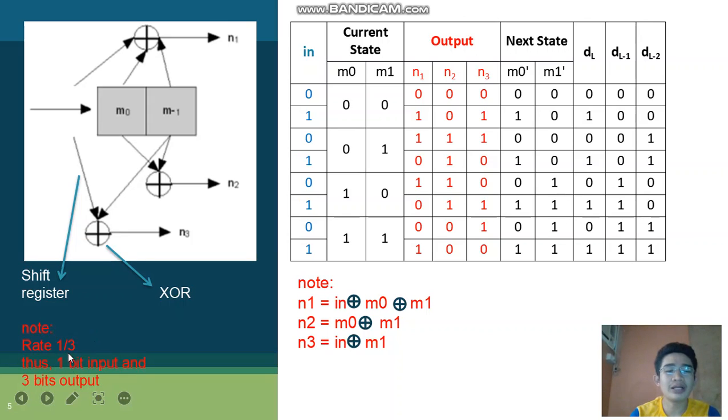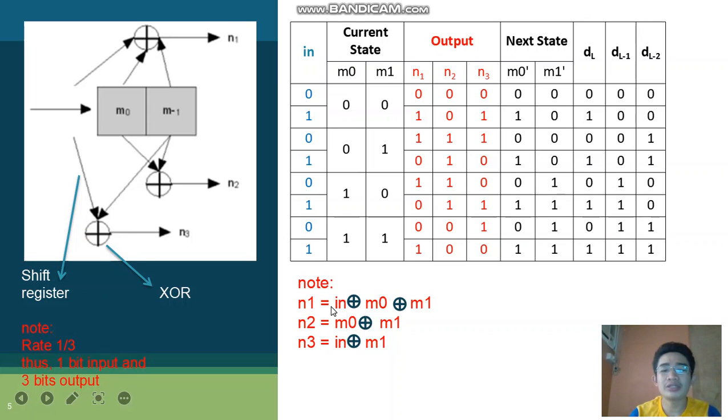Therefore, the rate 1/3 is 1 bit input and 3 bits output. This side is the input, these are the current state, these are the outputs, this is the next state, and these are the levels of input to the current state.